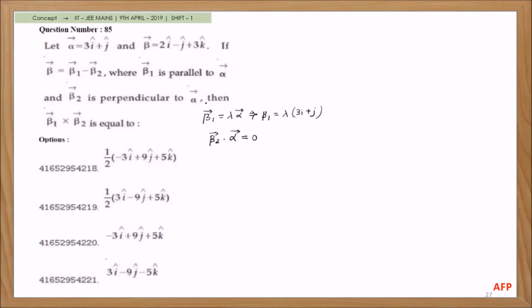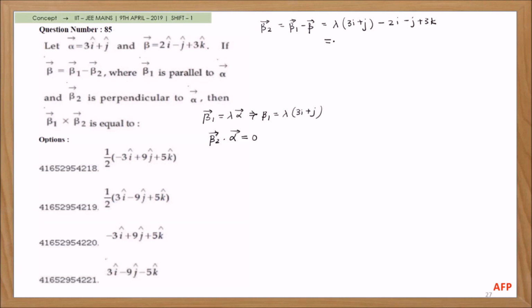So then beta 2, how can you find? From here you can find. So beta 2 is equals to, we can send it to the other side, beta 1 minus beta. Okay, so what is beta 1? Beta 1 is lambda times 3i plus j, and beta is 2 times i minus j plus 3 times k.